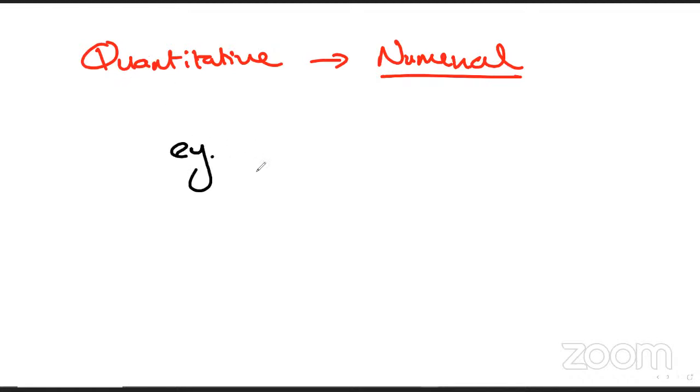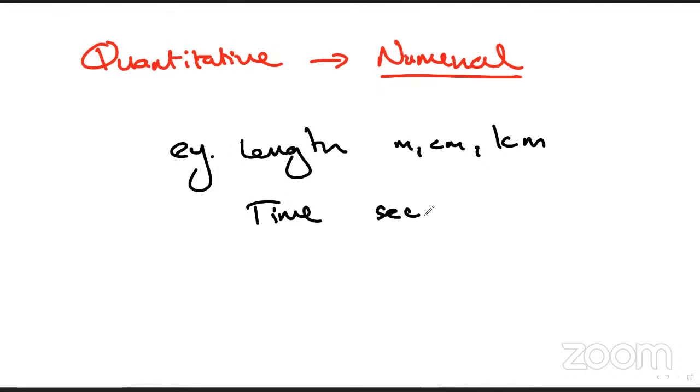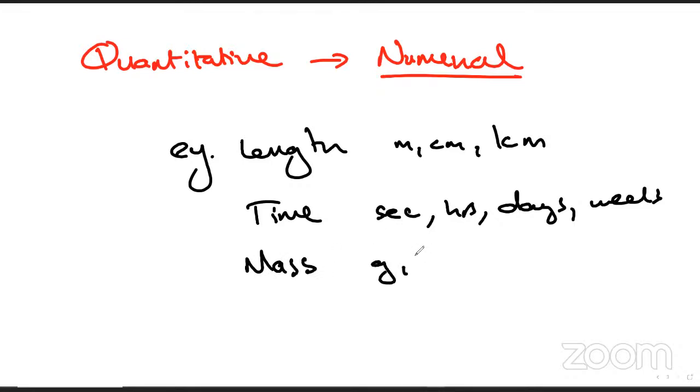An example of this would be length. It could be meters, centimeters, kilometers. It could be time: seconds, hours, days, weeks, years, etc. Could be mass, which is grams, kilograms, tons.